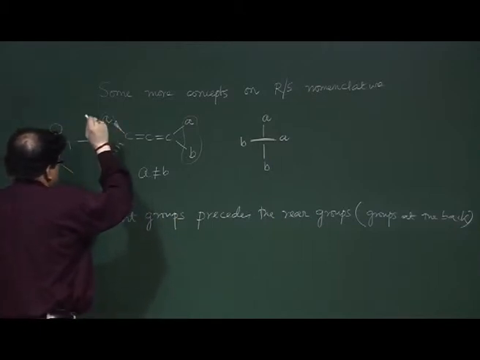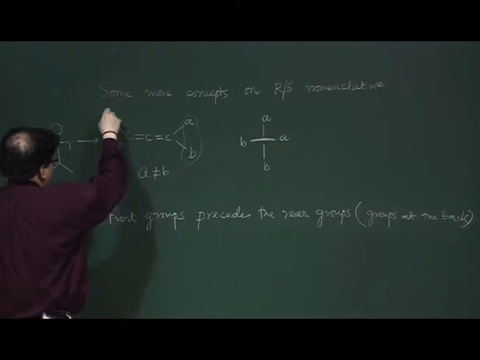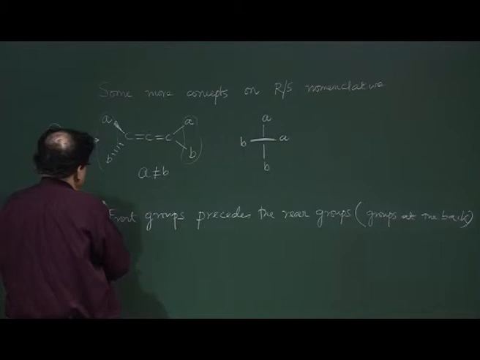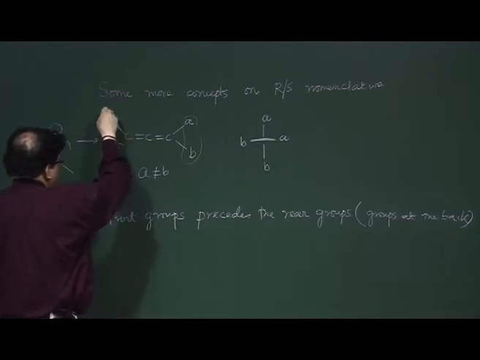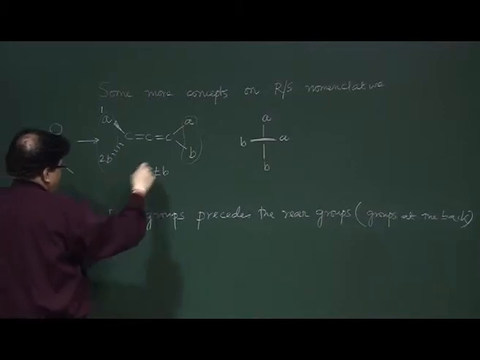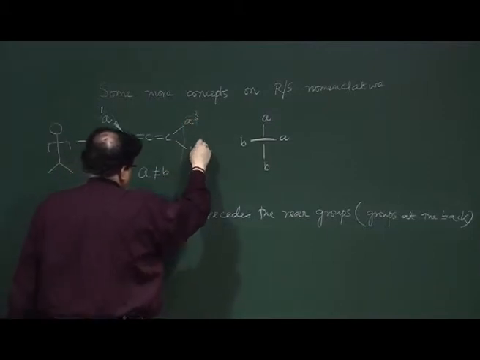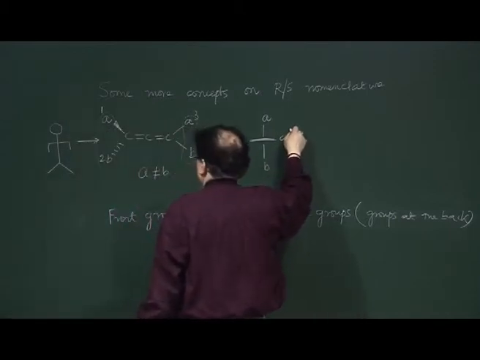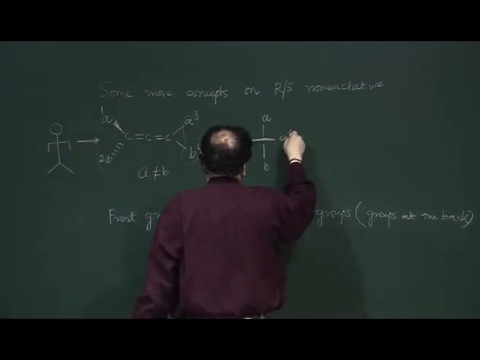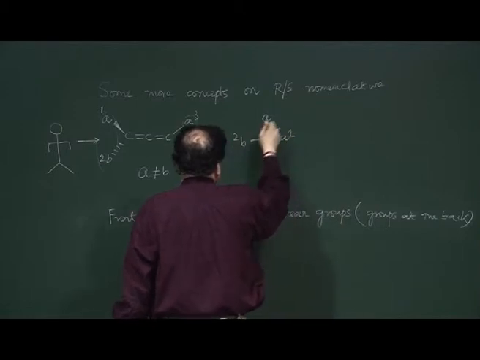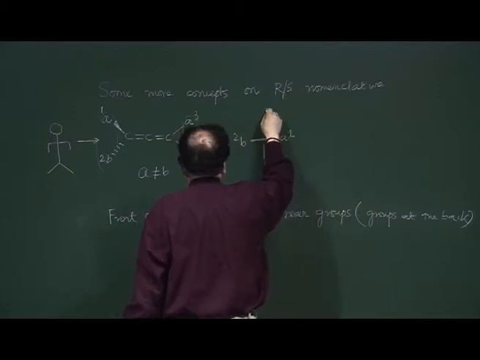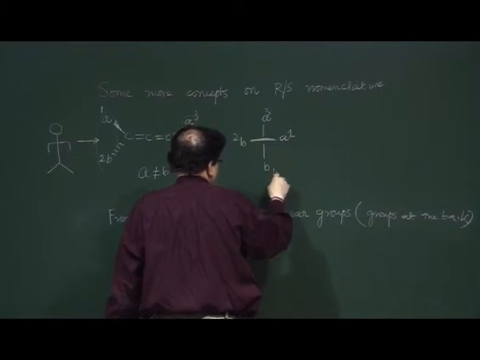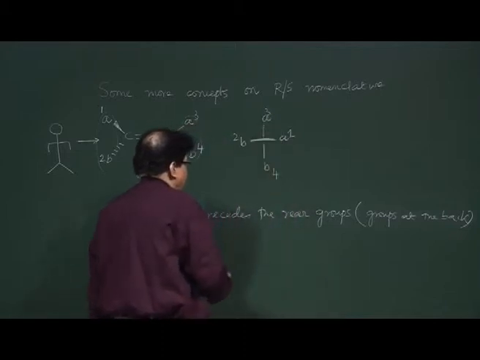Now, suppose A is number 1, A has a higher atomic number by priority sequence. So, suppose this A is number 1 and this B will be number 2, and then this will be number 3 and this will be number 4. So, you can place these numbers here. This A will be number 1, B will be number 2, this A will be number 3 and this will be number 4, because these A, B's are at the rear position.